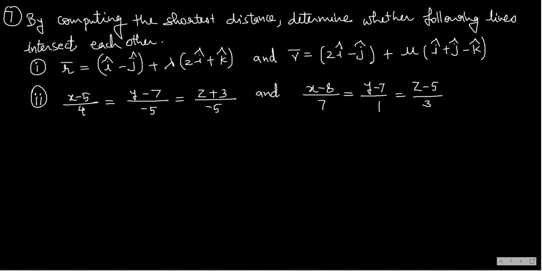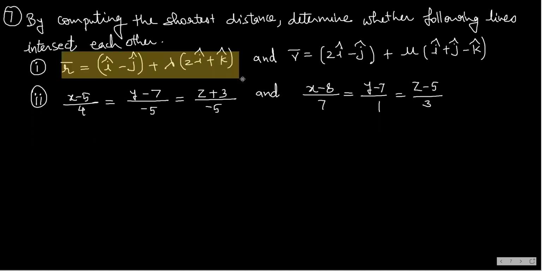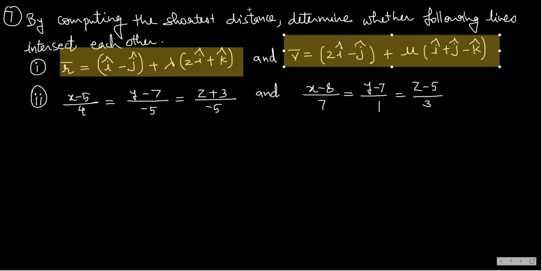So what we have to do here is find the shortest distance between these two lines. As we found in the earlier two problems, we will do the same here. This is line L1 and this is L2.